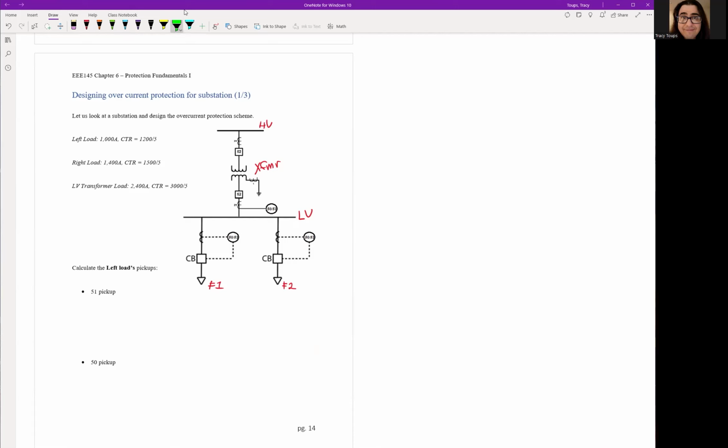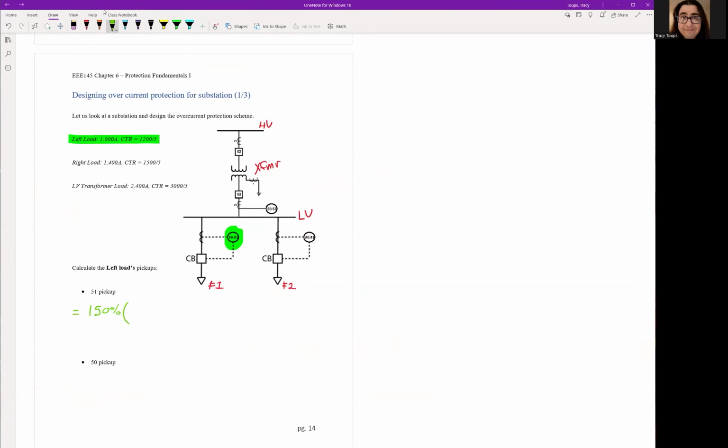The first one is this one on the left side. For the left load pickup, we have to ask ourselves, what is my load current? Here we have left load, 1000 amps at a CTR of 1205. Our 51 pickup will be 150% of full load amps.